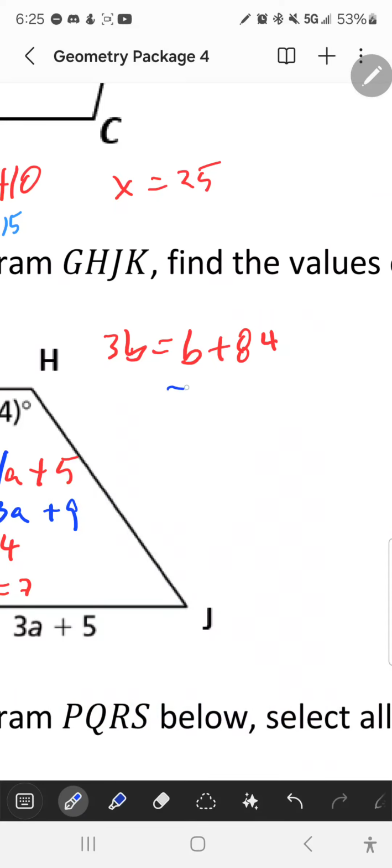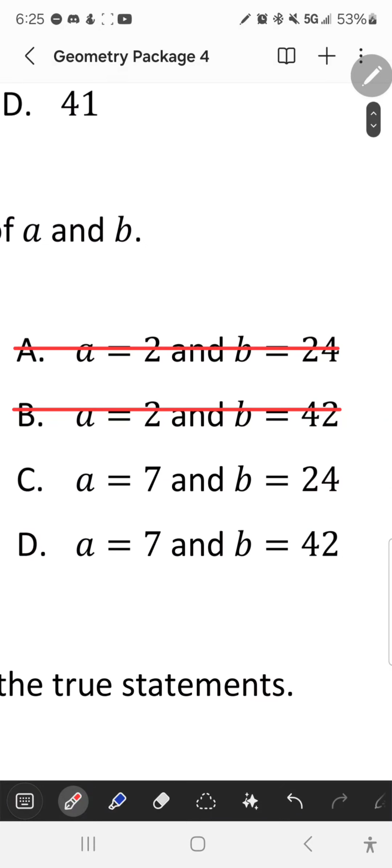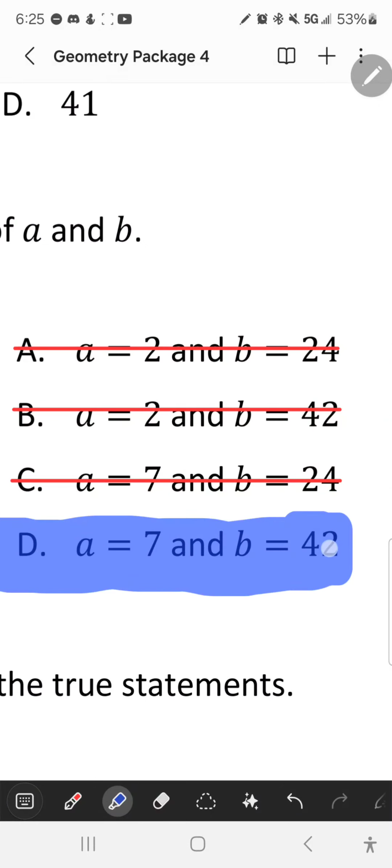Now what I'm going to do is subtract b from both sides, and this cancels out. 3b minus b is 2b equals 84, and then if I divide by 2, I get that b is equal to 42. So this is not my answer, and this one ends up being the right one.